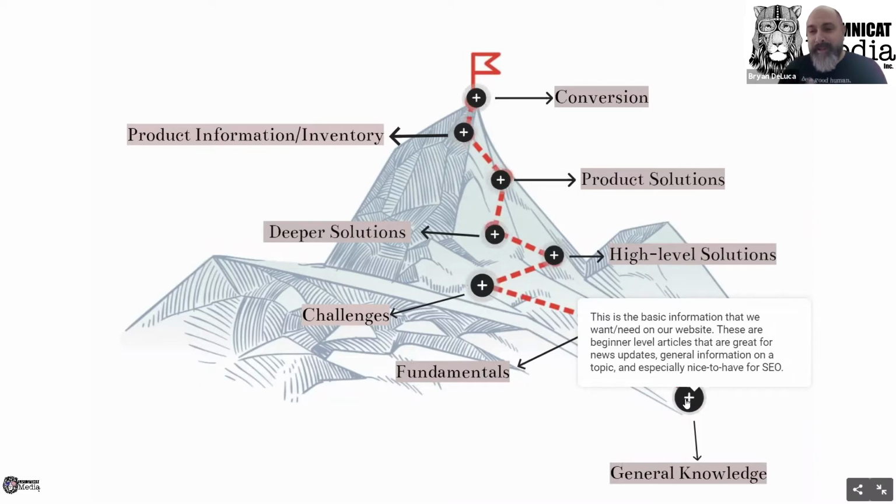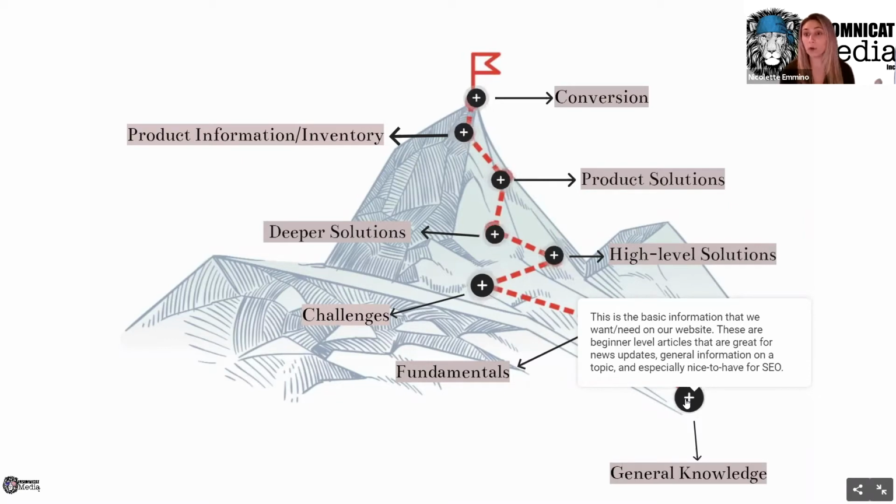And as you see, Nicolette is bringing up the basic information. Nicolette, did you want to talk a little bit about that? Sure. When we came up with the mountain, we looked at all of the key types of articles that a company should be creating and then weaving stories into to lead to that final conversion. The first is the general knowledge content.